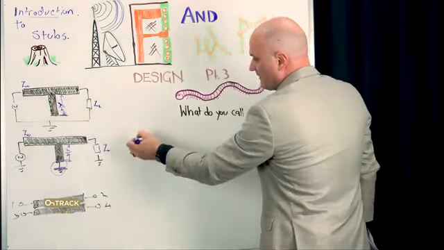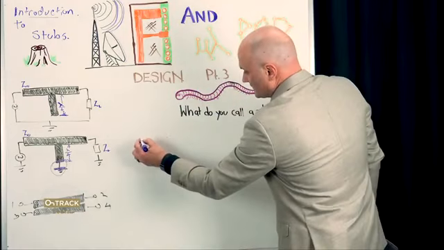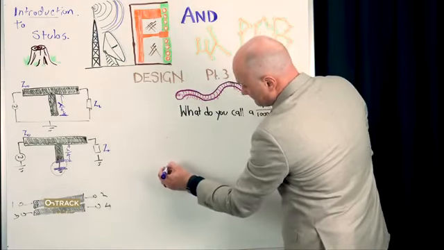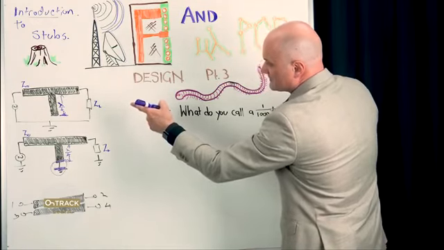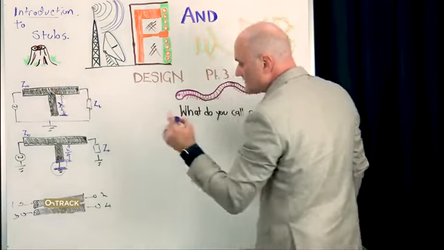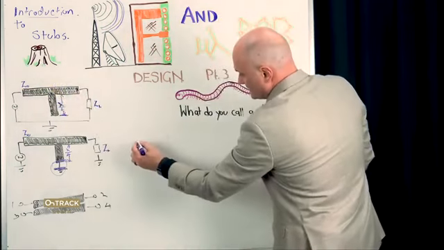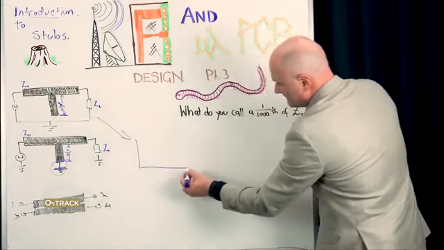These show themselves to be very narrow band structures. So if I have, at the frequency of interest, the open circuited quarter wave stub appearing to be a short circuit, let's draw a little graph here.